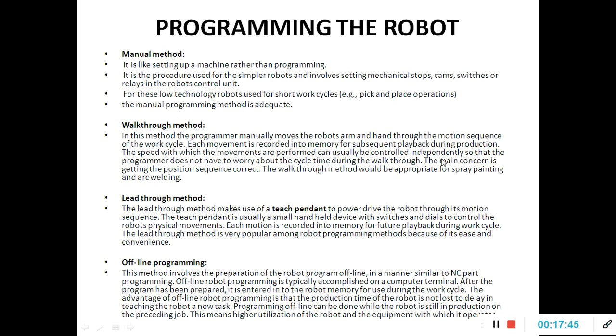Then coming to the walk-through method. The walk-through method consists of a sequence of motion provided by the programmer. The programmer usually moves along with the robot, handling it through the necessary path. The programmer operates the pre-owned path, that is a playback, and according to that he operates the robot with the help of the program.